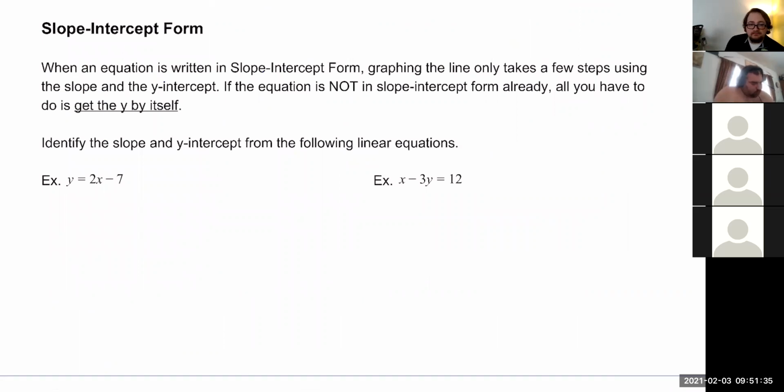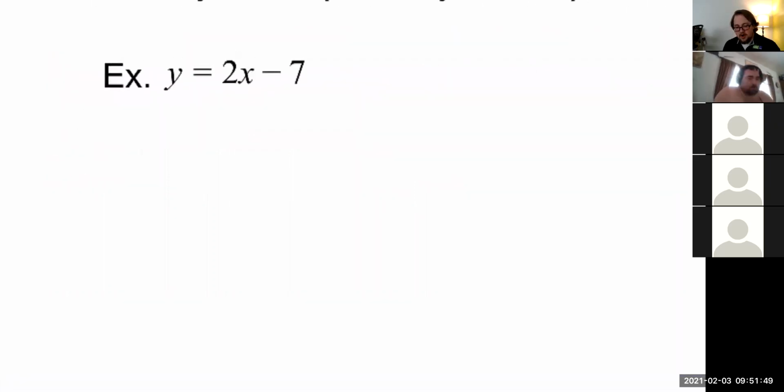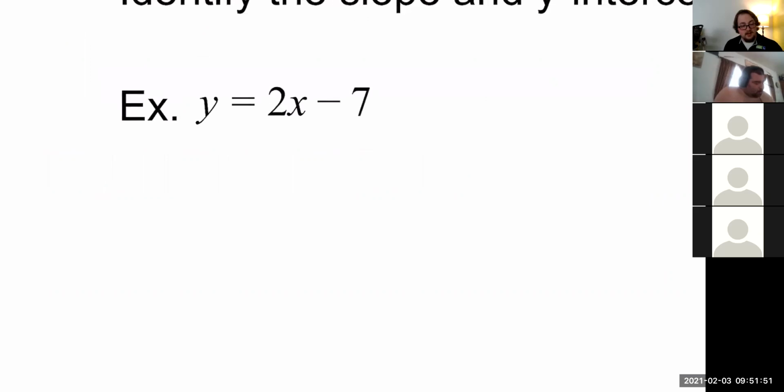So, good news: slope-intercept form is going to be our preferred form today. It tells us the two pieces that we're actually going to need for graphing, which are the slope and the y-intercept. So on this first example here, we're in luck. Why am I in luck? Because it's in slope-intercept form. And how can you tell me that?